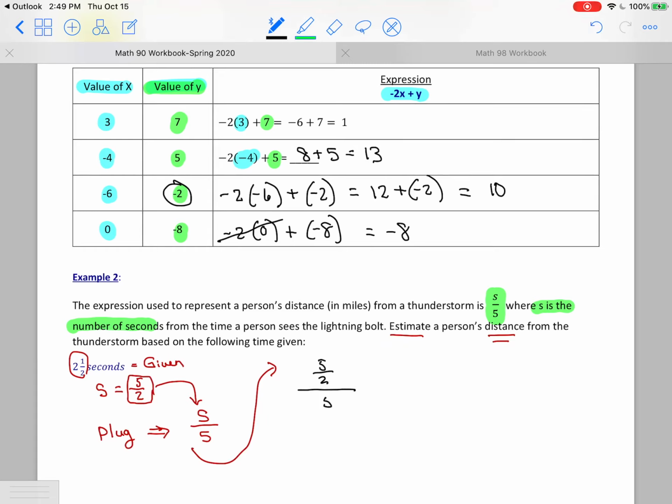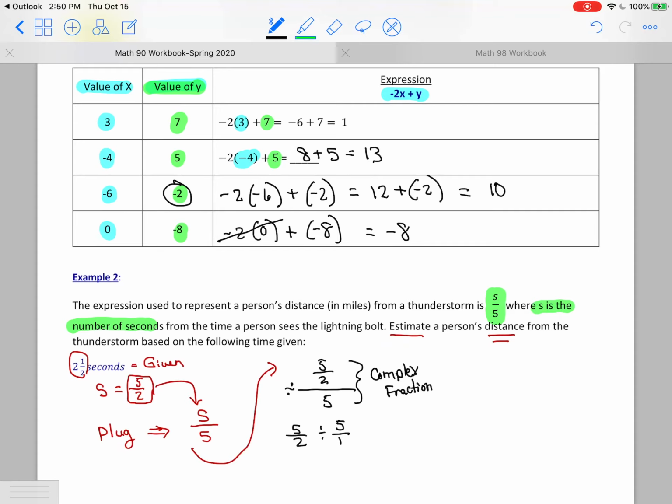divided by 5. Now this looks a little ugly right here. We call this a complex fraction. Complex fractions are just fractions divided by other fractions. They look a little bit confusing, but remember that this fraction bar means division. So we could just rewrite this as 5 halves divided by 5 over 1. 5 over 1 is 5, isn't it?